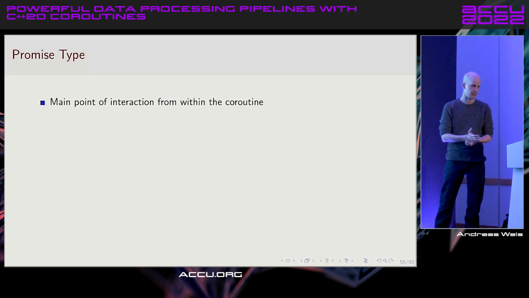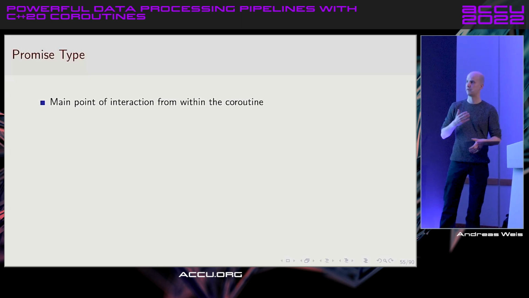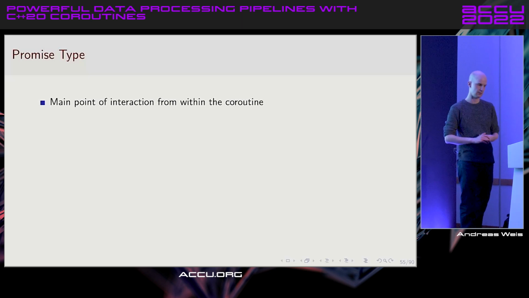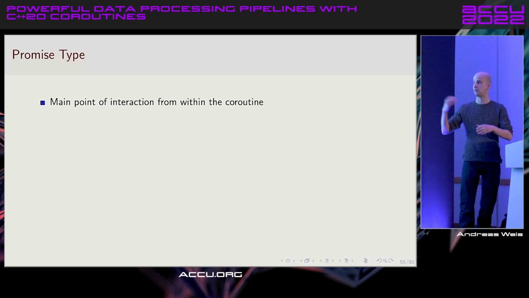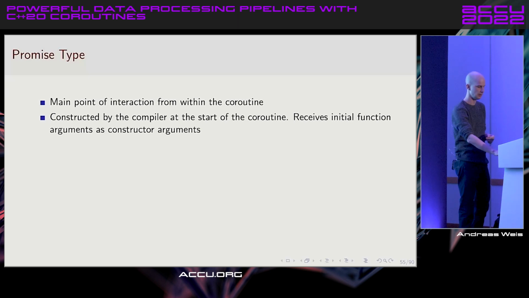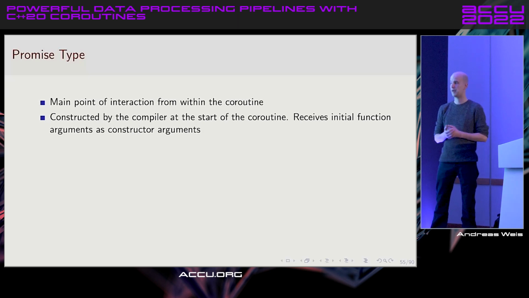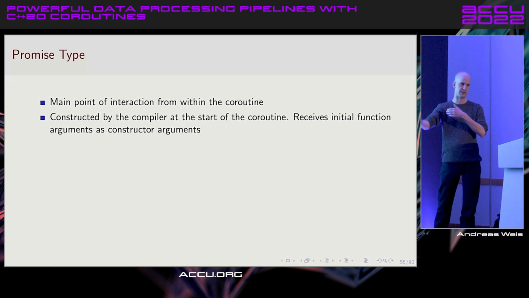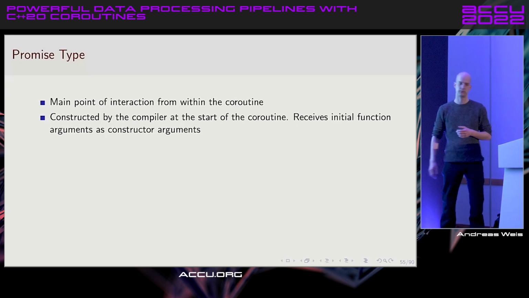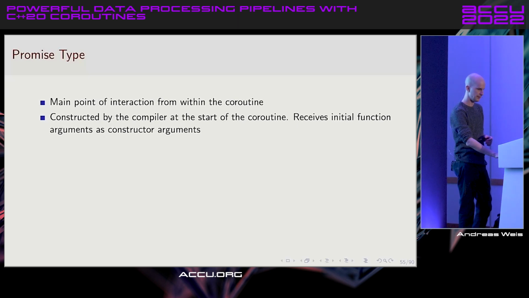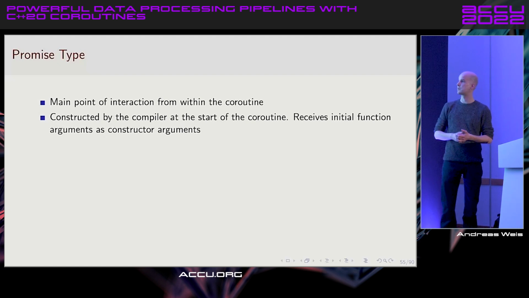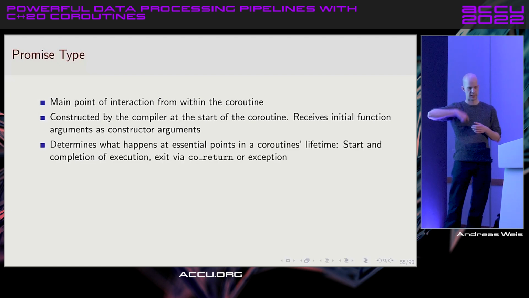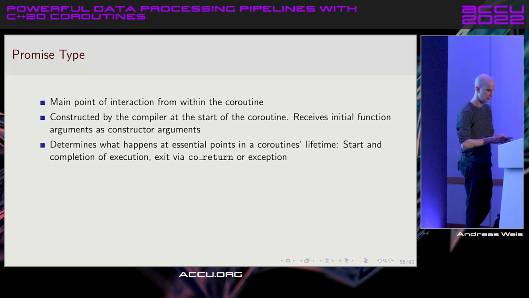Which brings us to the promise. The promise is sort of a central point of interaction. In particular, it's the main point from within the coroutine to interact with its callers. It's constructed by the compiler at the start of the coroutine. This happens automatically. It looks for this promise_type typedef, and then behind the scenes silently constructs this promise. The promise also receives the initial function arguments that were passed to the coroutine call.